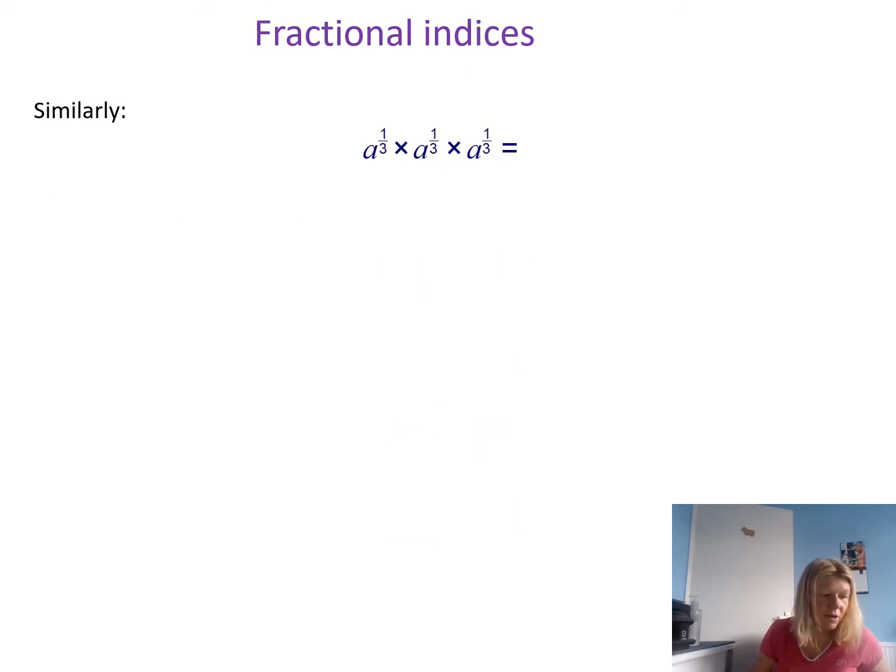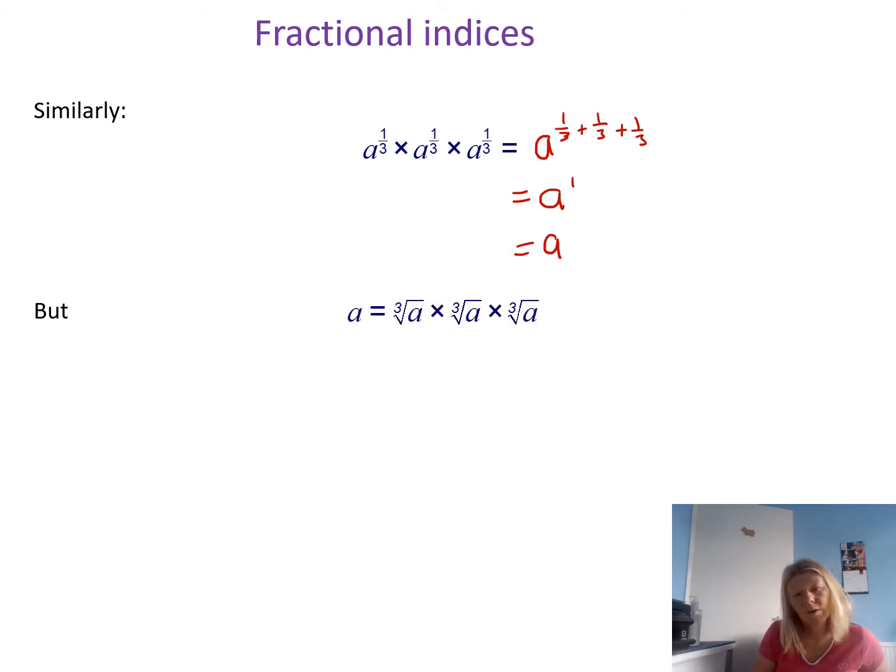Similarly, a to the third times a to the third times a to the third works out at a to the third plus a third plus a third, which is in fact a to the 1, which we call a. But we know a equals also the cube root of a times the cube root of a times the cube root of a.